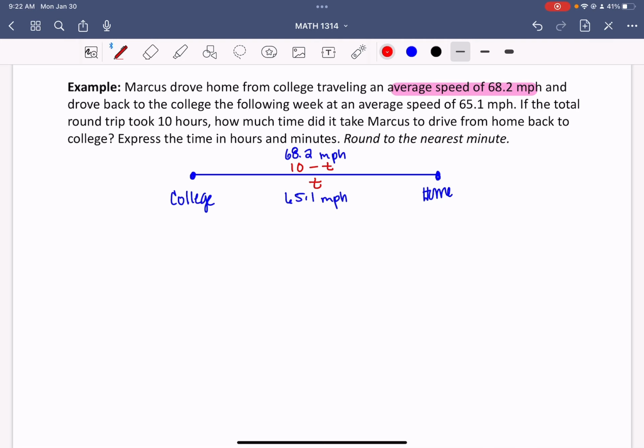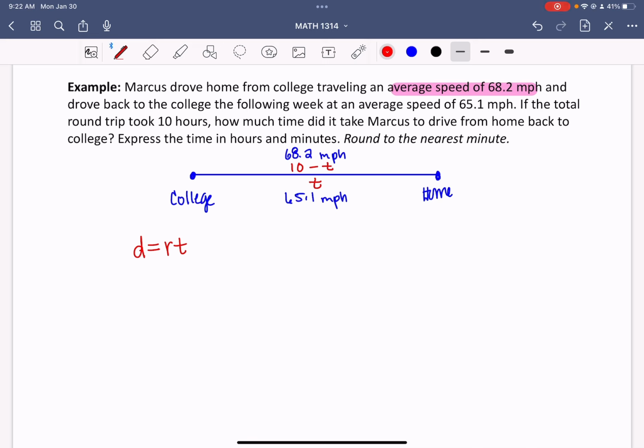Now, in this situation, we're looking at time, distance, and a rate. This is where your previous knowledge is going to assist you. The formula distance equals rate times time is how we're going to set this up. We're going to set up two situations.